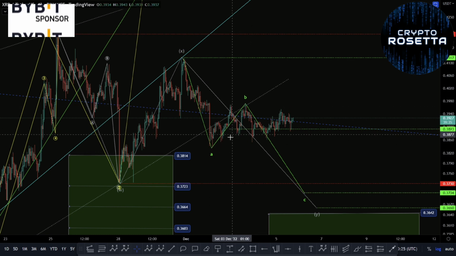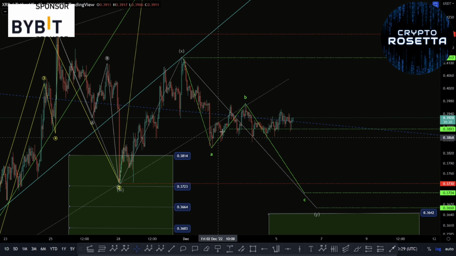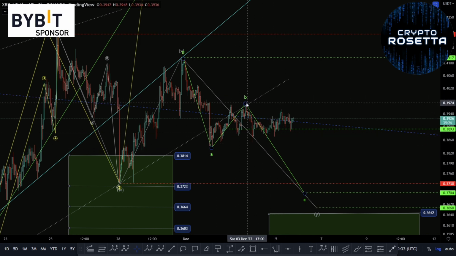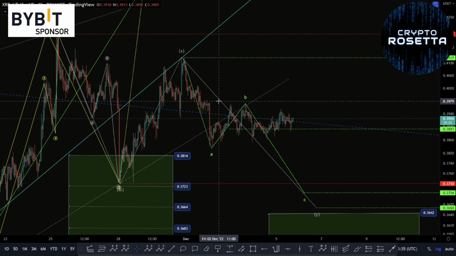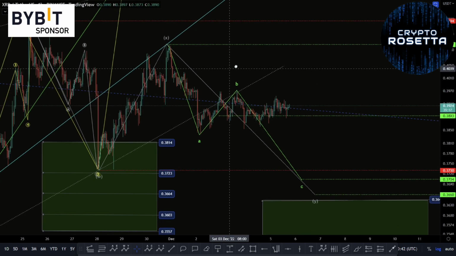But even within this move here, it doesn't look good for impulsive structure. It looks very corrective in A, B, and then maybe we've still got a little leg up in here. Maybe come and retest some of these zones to like the 40 cent area possibly, and then look to break down.